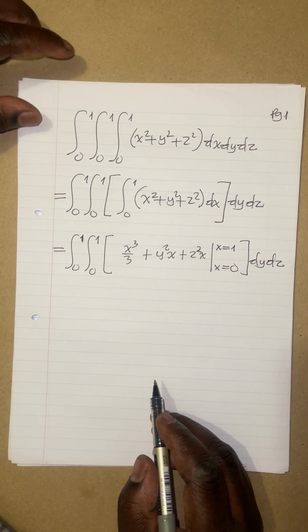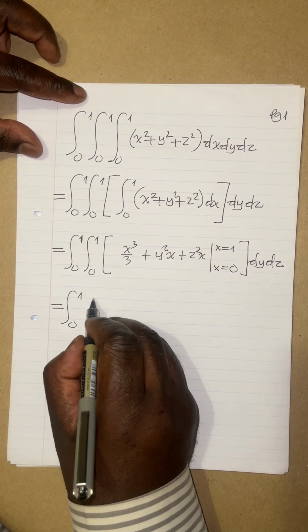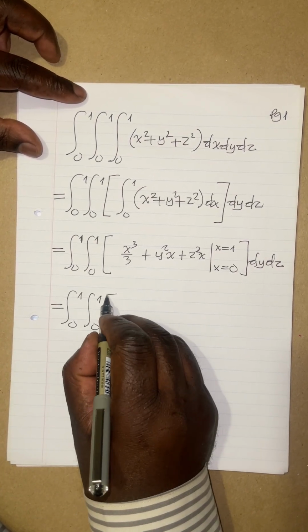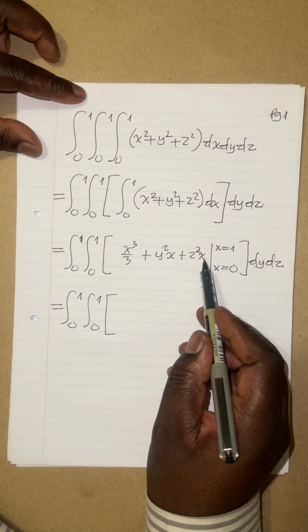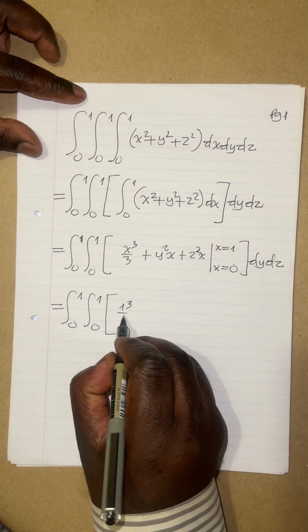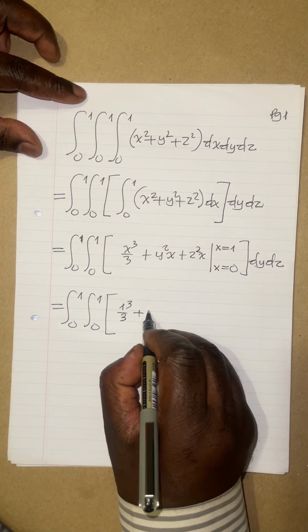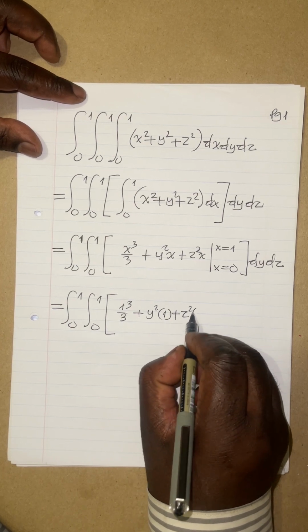Now let's do the cleaning up. This is the integral from 0 up to 1, and then the integral from 0 up to 1 of what? We're putting 1 there, and then 1 in that space and 1 in that space. So this is 1 cubed over 3 plus y squared times 1 plus z squared times 1.